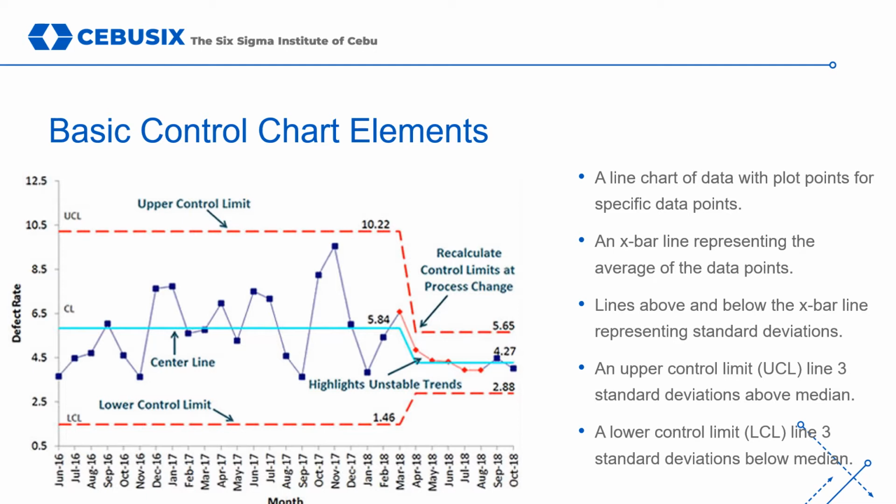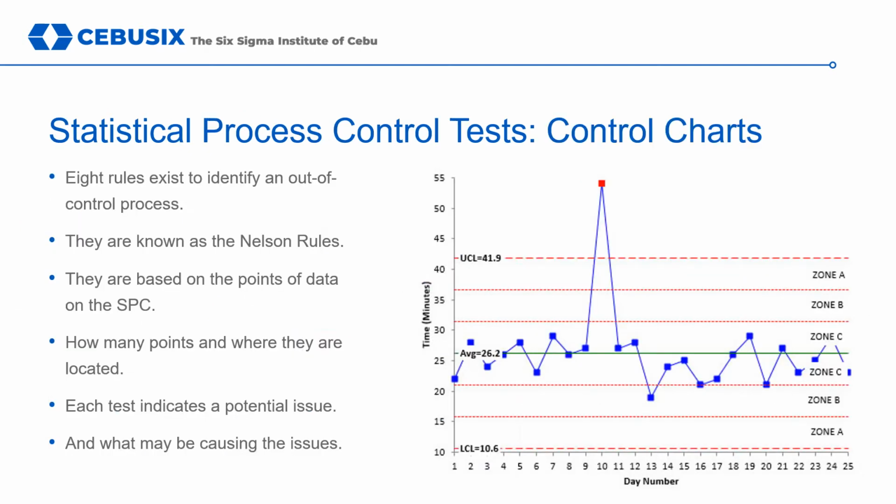But this is not always possible in a real-world scenario, which is why we use the 8 Nelson rules to read the control chart. The Nelson rules are a method in process control of determining whether some measured variable is out of control. The rules for detecting out of control or non-random conditions were first postulated by Shewhart back in the 1920s. But it wasn't until 1984 that the Nelson rules were first published in the Journal of Quality Technology by Lloyd Nelson.